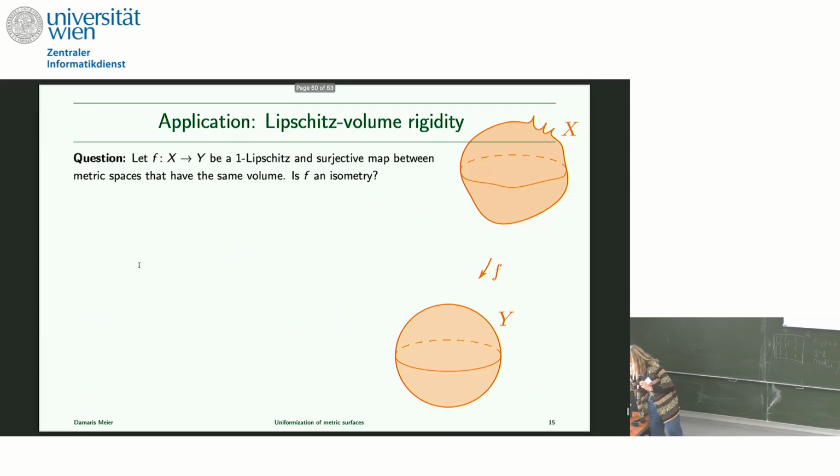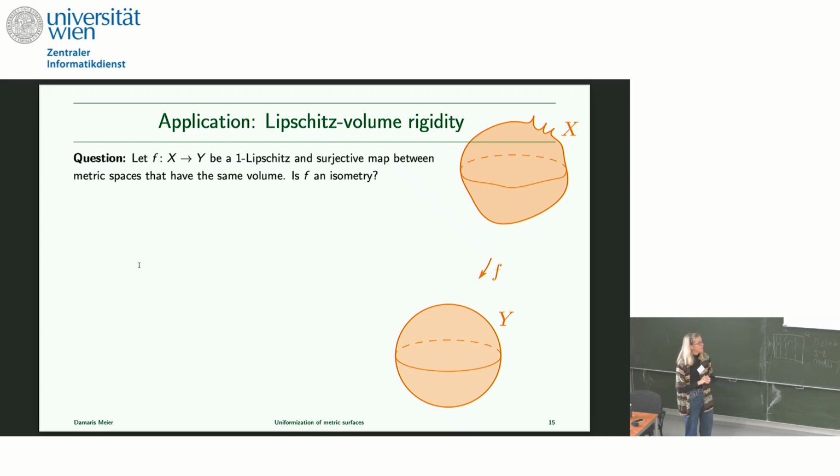Now just one last application. You might think, why is it useful to know the existence of these nice parametrizations? The application concerns this question.